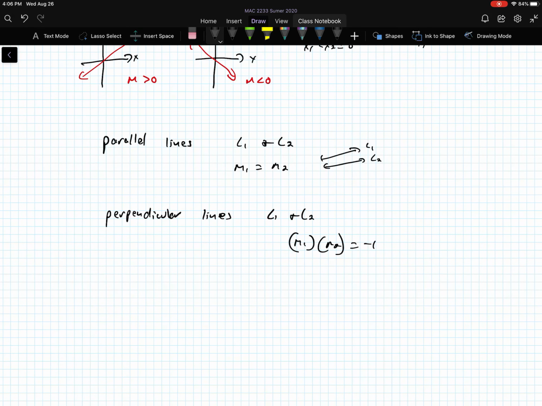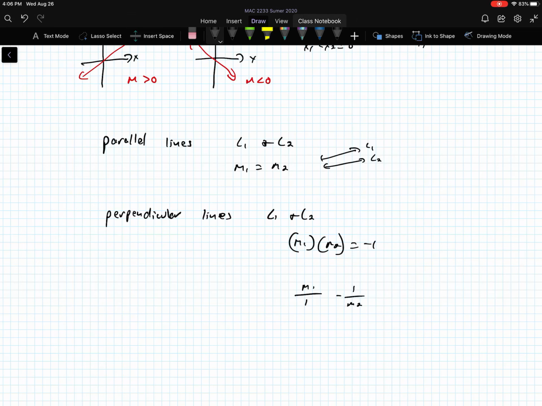Also, they're going to be reciprocals of each other. So if m1 is some number over 1, then m2 would be the negative reciprocal of that one. So they'll just be opposite reciprocals, basically.